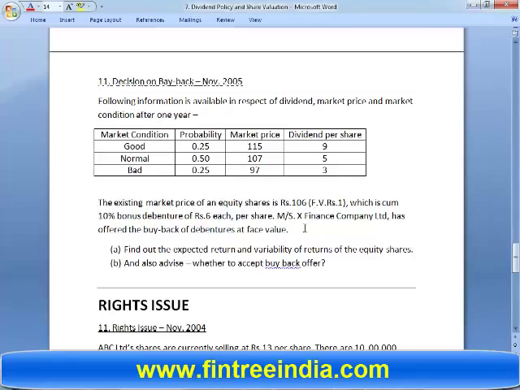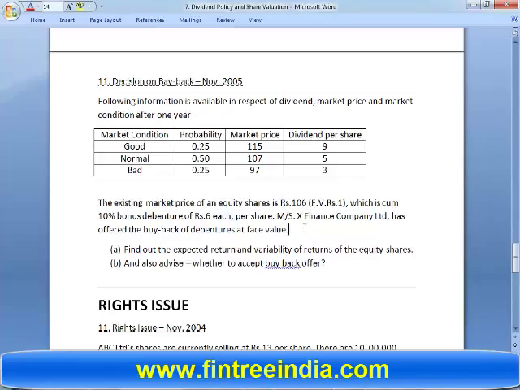Therefore, investors should compare current YTM on a bond with similar risk return characteristics and coupon rate of 6%.